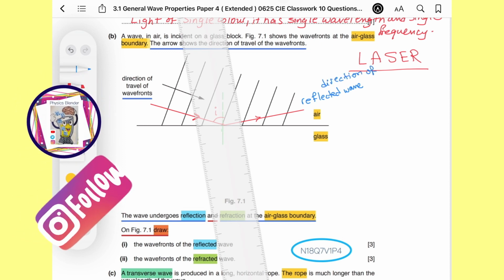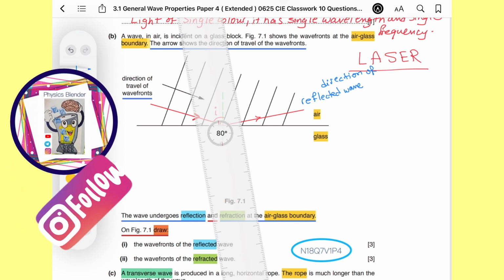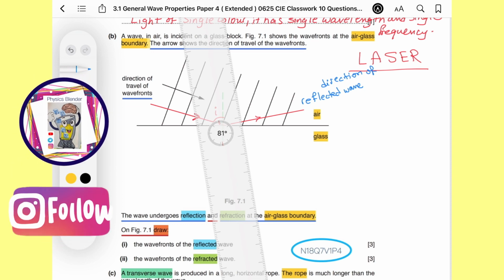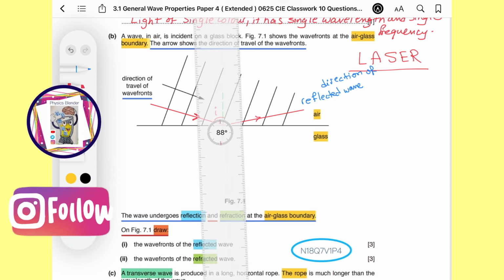Here you will draw wavefronts perpendicular to the direction of wave travel.